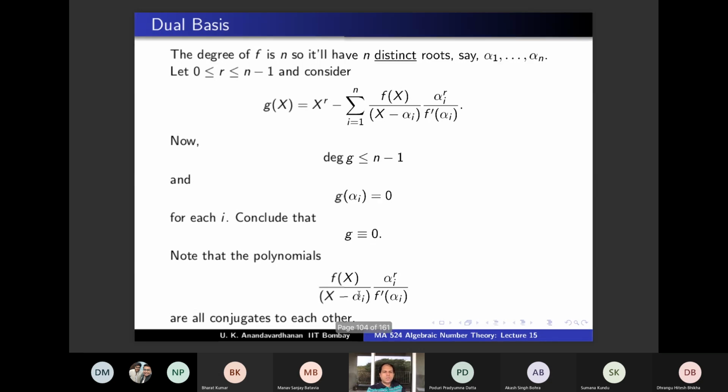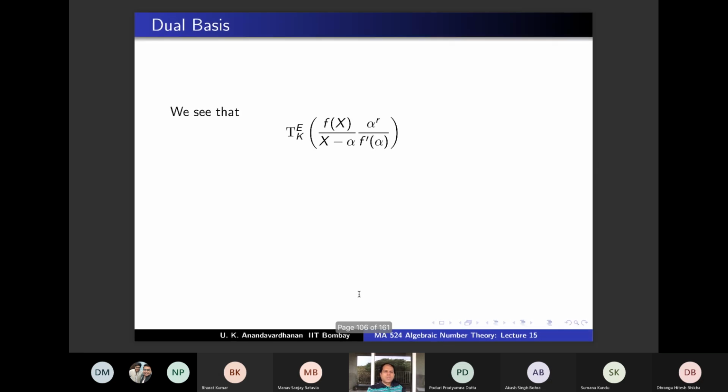So what can you say about the trace of this polynomial? This alpha is one of the alpha i, right? Alpha is one root and all the other roots are alpha j's. So these are all conjugates to each other. So trace of this is the sum of all these things.